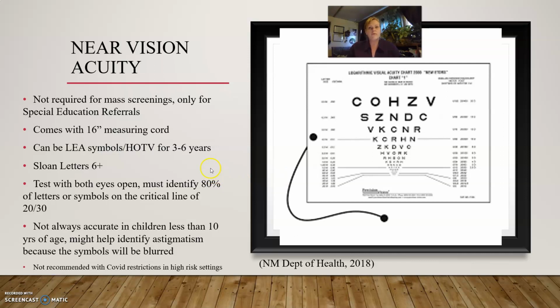We test with both eyes open, and they must identify 80% of the letters on the critical line of 20/30 to pass. Near vision acuity testing is not always accurate in students ages 10 or less, but it might help identify astigmatism if the symbols are blurry.